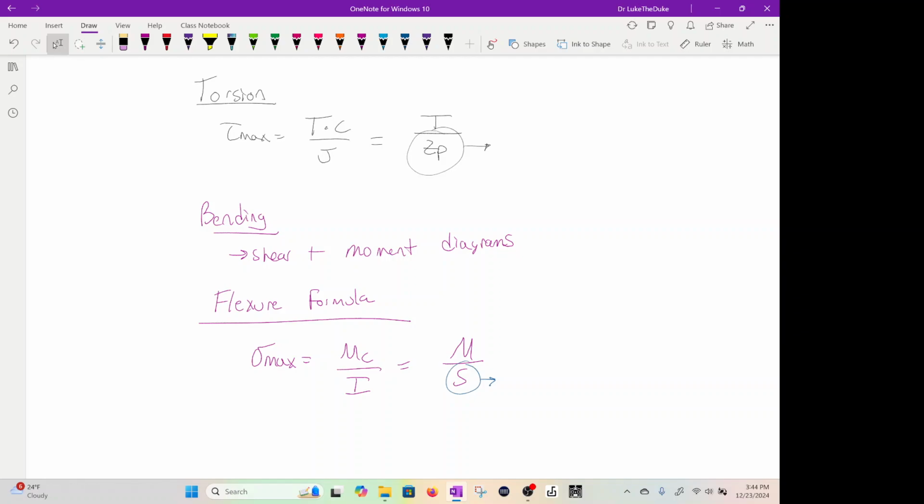So this is a very crude, basic set of equations that you should have used in strengths, just to give you a refresher about what you covered. All right, thank you.